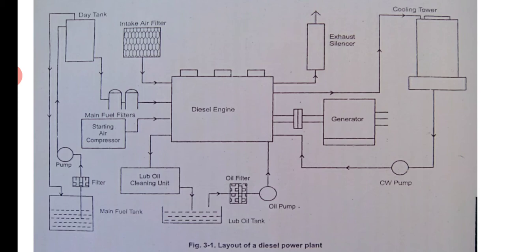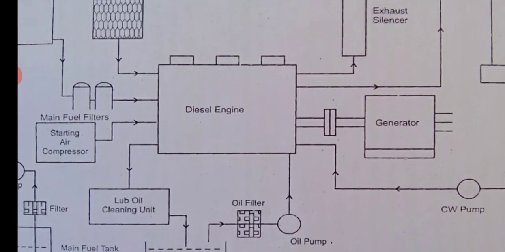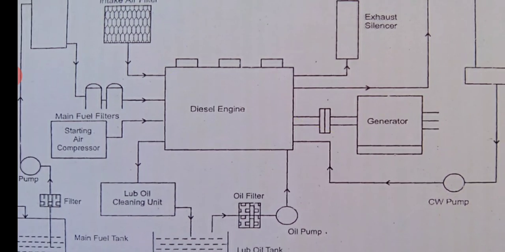For them, most of the time I've seen they have a small compressor, and the compressor will always have an air receiver, and that air receiver will be filled with air at around 25 bar pressure. To crank the engine, they supply the compressed air from the air receiver to the diesel engine, and this compressed air goes on top of the piston in the piston cylinder arrangement and pushes the piston down.